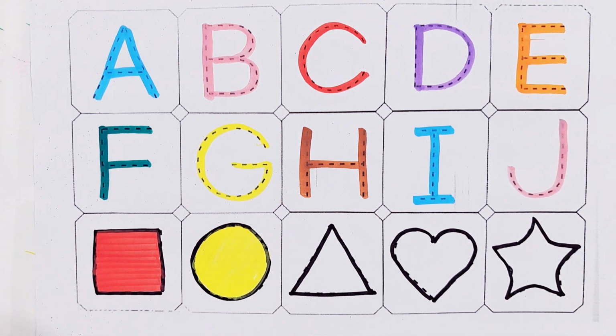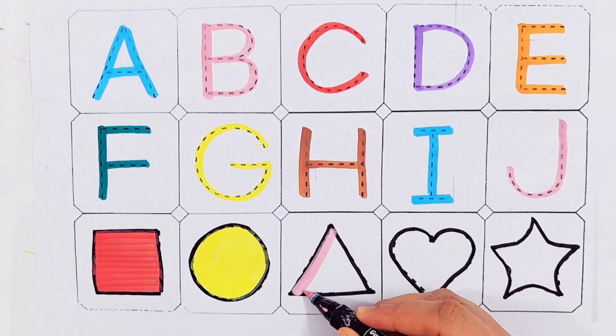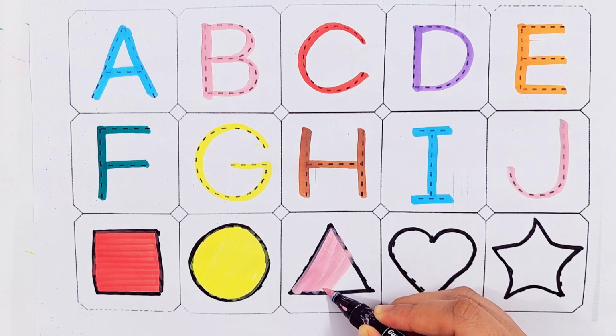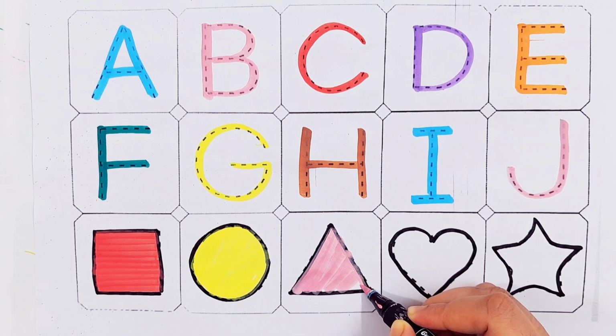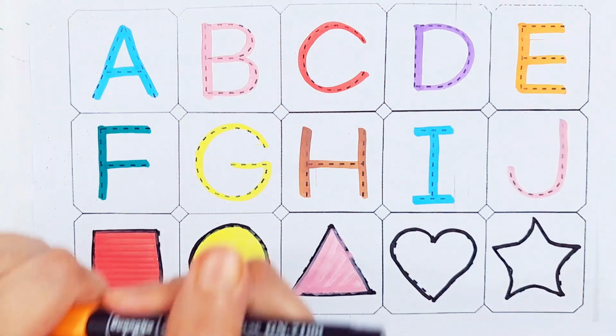Circle, pink color. Triangle. Triangle, orange color.